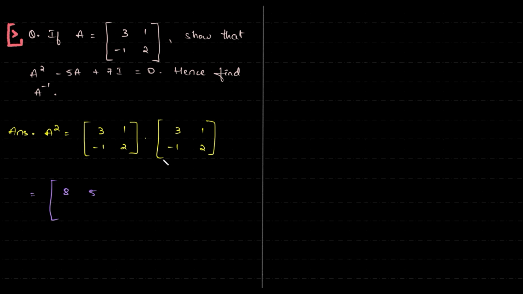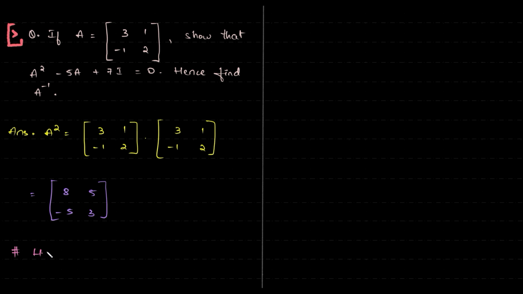Then we have this to be minus 3 and minus 2, minus 5. And we have this to be minus 1, 2, 4, 3. Okay, looks correct.